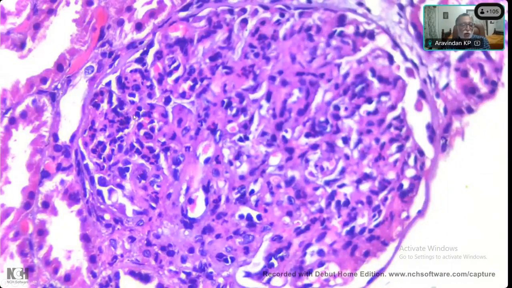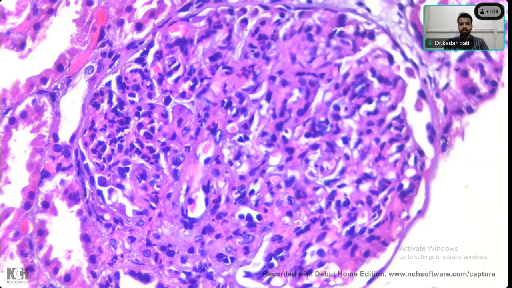So you also find a sprinkling of neutrophils in an otherwise solidified glomerulus, solidification due to endothelial proliferation. This is called endocapillary proliferation, inside capillaries. Inside capillaries are the endothelial cells.